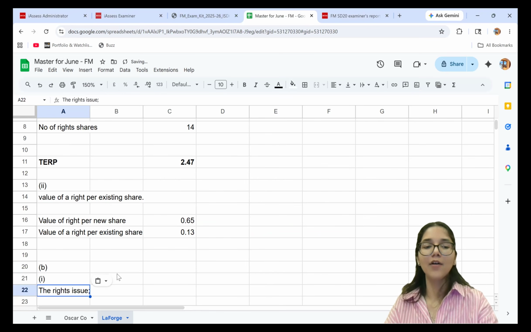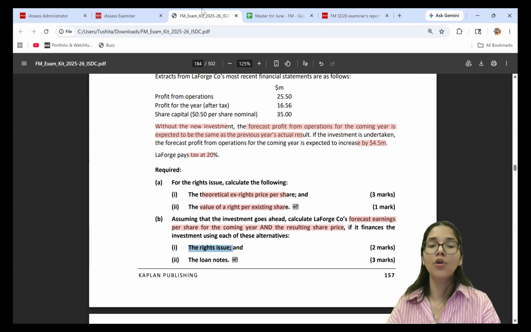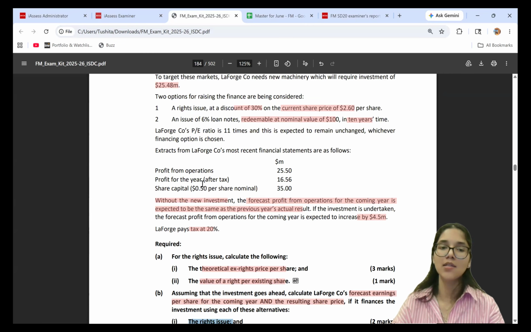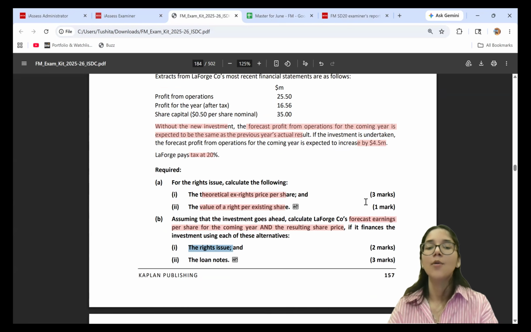So guys, to calculate my EPS, to calculate my share price, I will need to know how much is the profit after taxes. Because for EPS, I need to know the profit after tax, and I need to know the number of my shares.